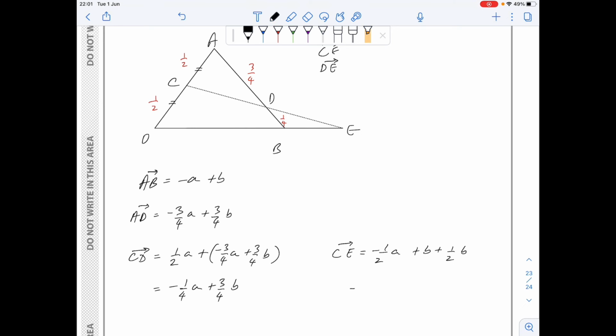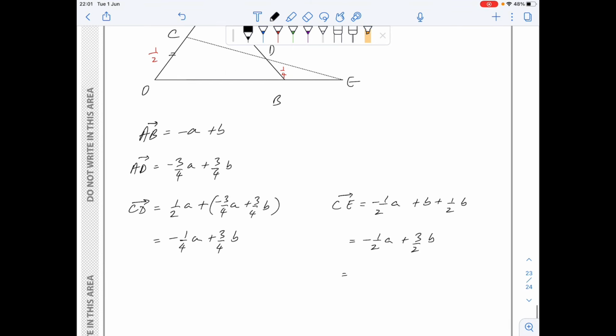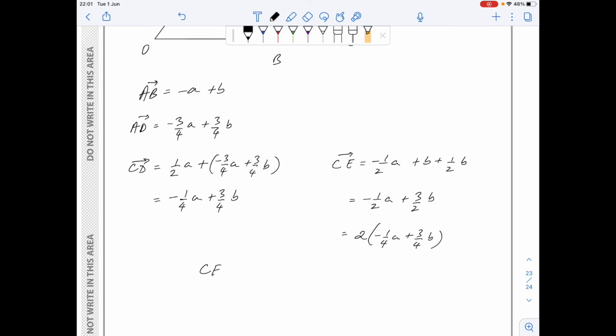So this simplifies to -1/2 a + 3/2 b. Note that CE is twice CD, because this is twice -1/4 a + 3/4 b. So CE is equal to twice CD.